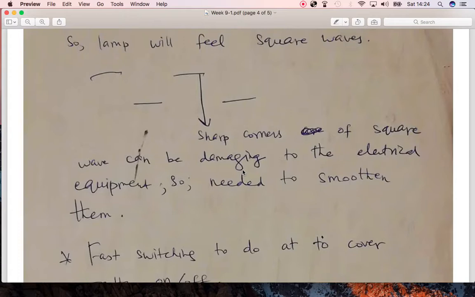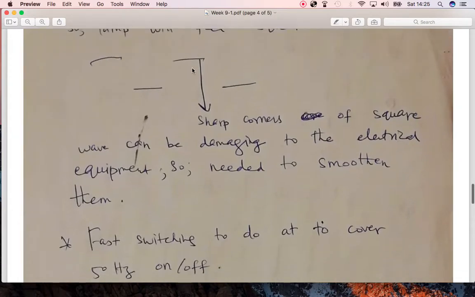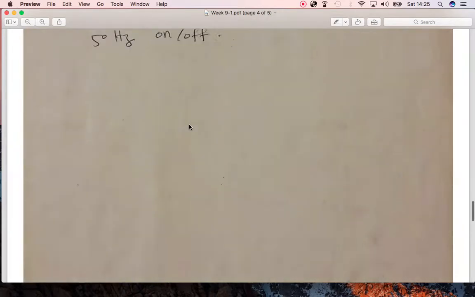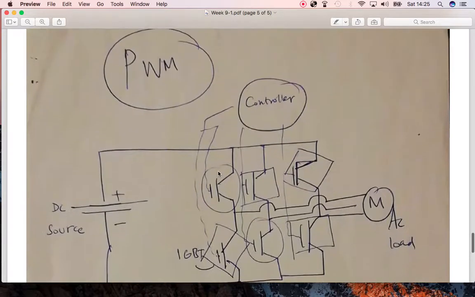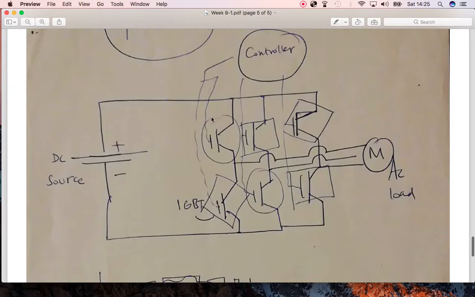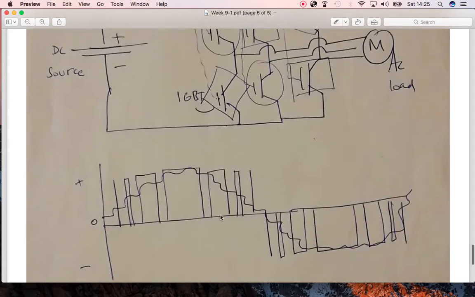So in order to avoid this, we have to smoothen it just like an AC signal, and for that we use pulse width modulation. This pulse width modulation uses IGBTs with a DC source, and these IGBTs can turn on and off at a very fast rate, much faster than 50 to 60 hertz.